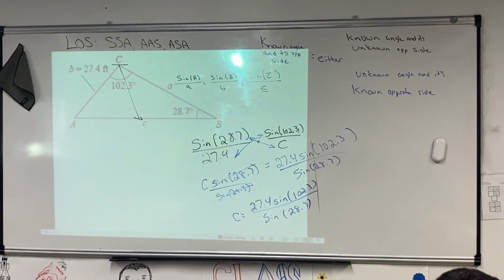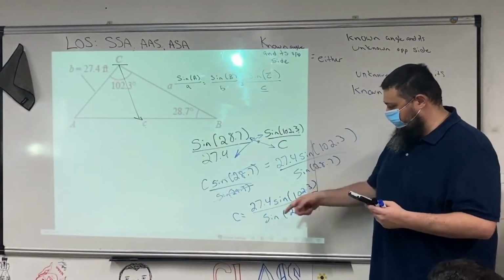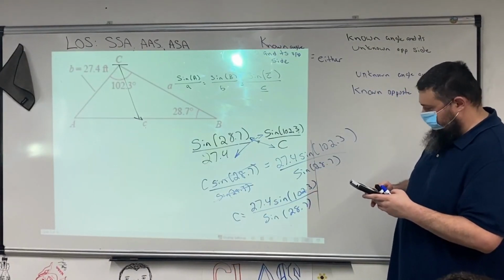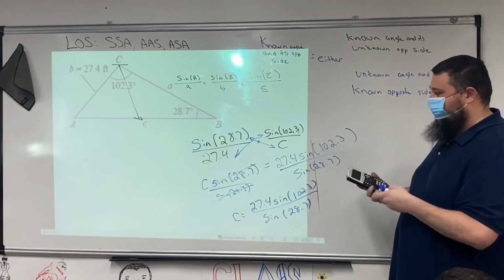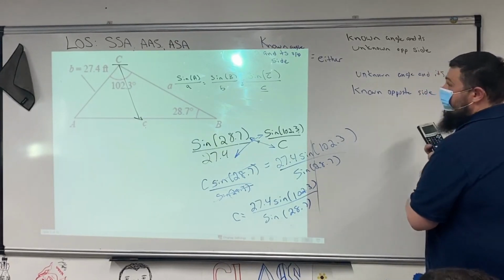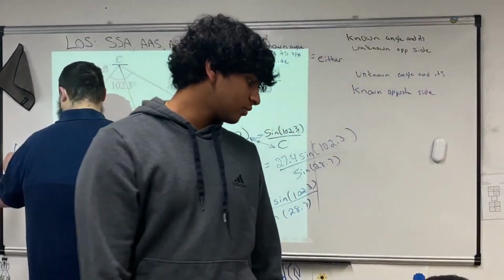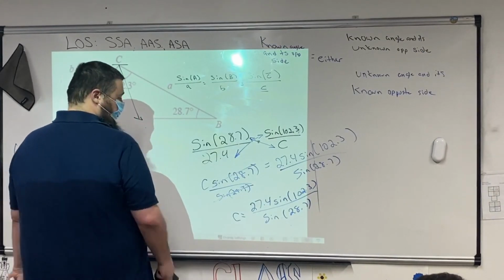So, if you're using the TI 84, 83, we're gonna put this in as 27.4 times sine. Oh, we already messed up. Start with a parenthesis. Let me write it out. That helps. Parentheses.